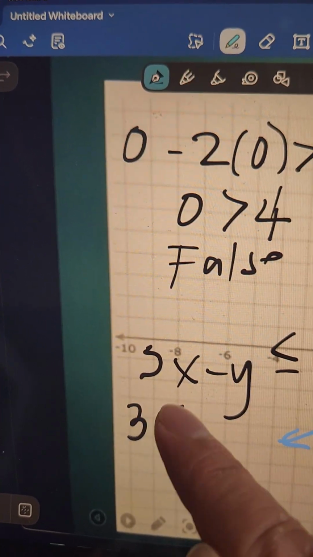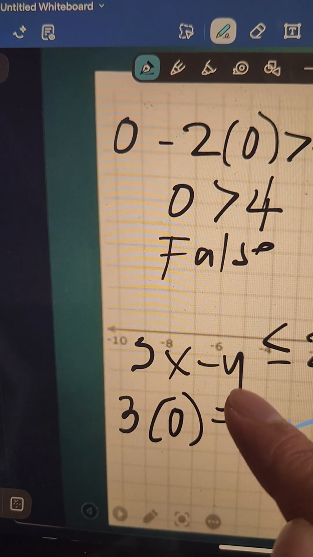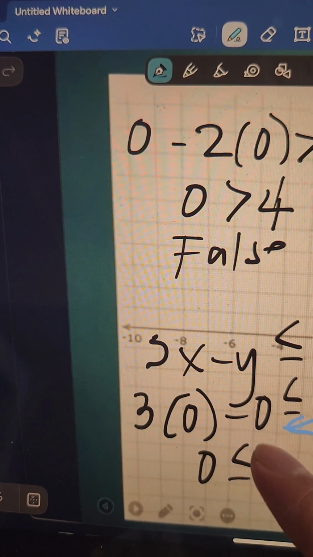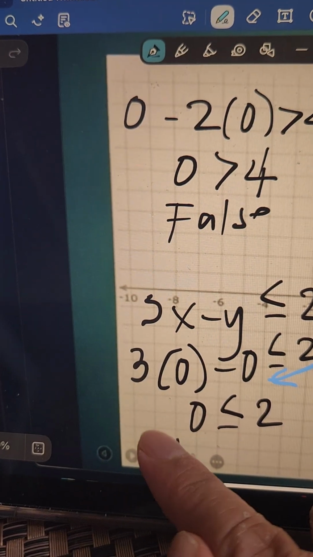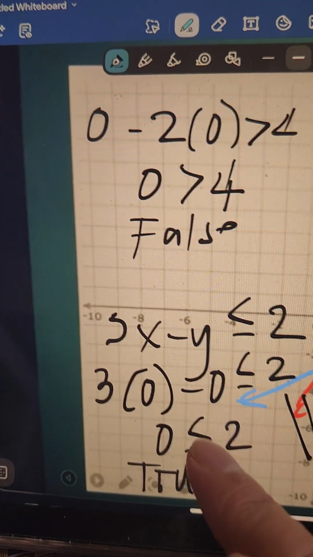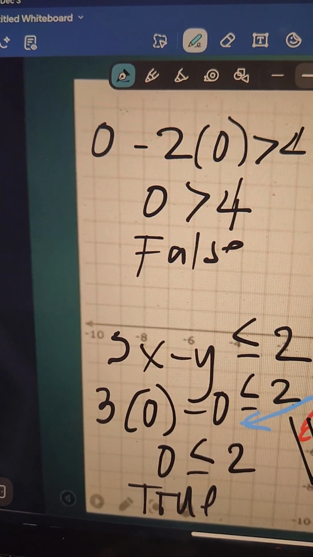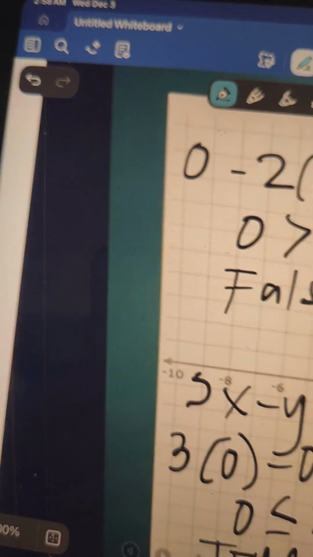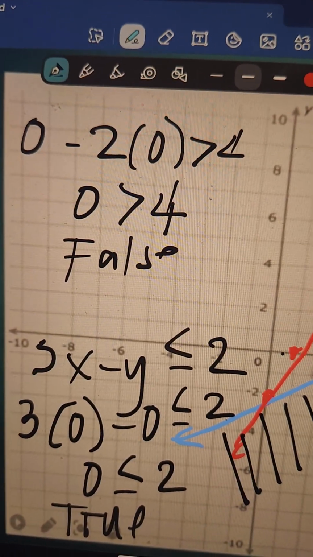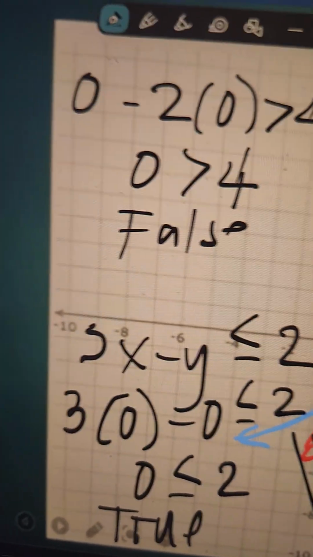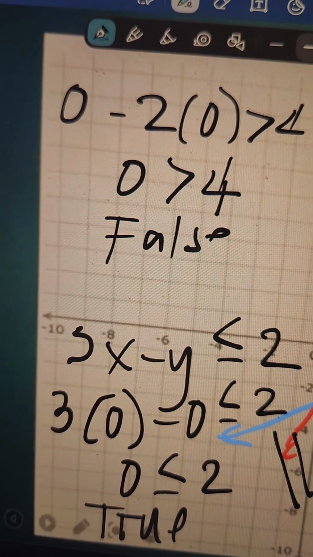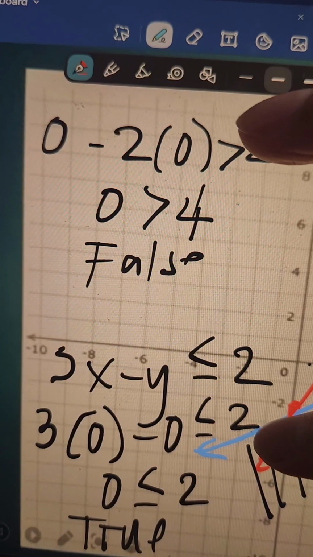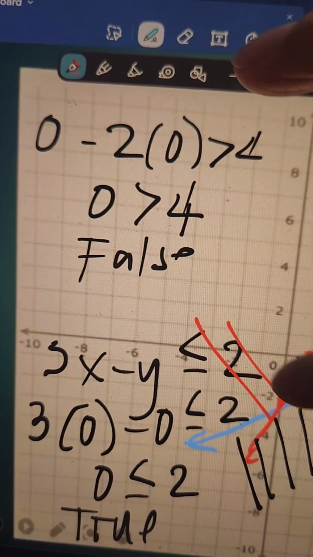So, 3 times 0 minus 0, is it less than or equal to 2? So, 0 is less than or equal to 2, which is true. Okay? So, ibig sabihin, itong line ni red papunta dun sa 0. So, paakyat siya. Kapag true, ituturo natin yung direction na papunta dun sa 0. Okay? So, ibig sabihin, ganito yung magiging itsura niya.